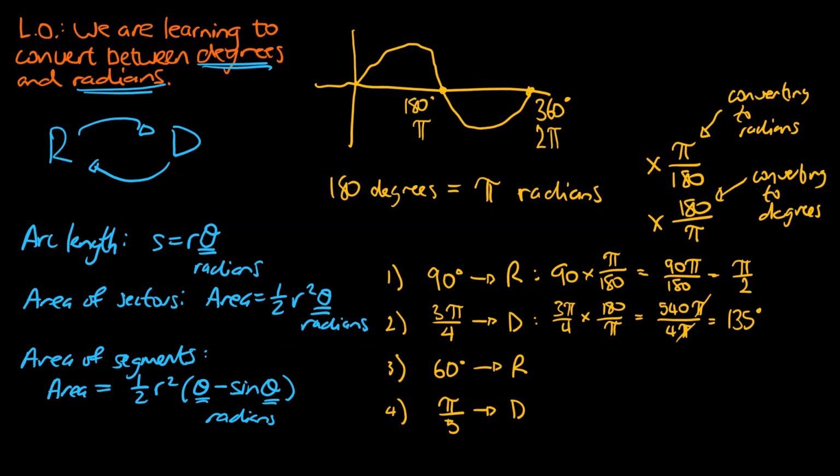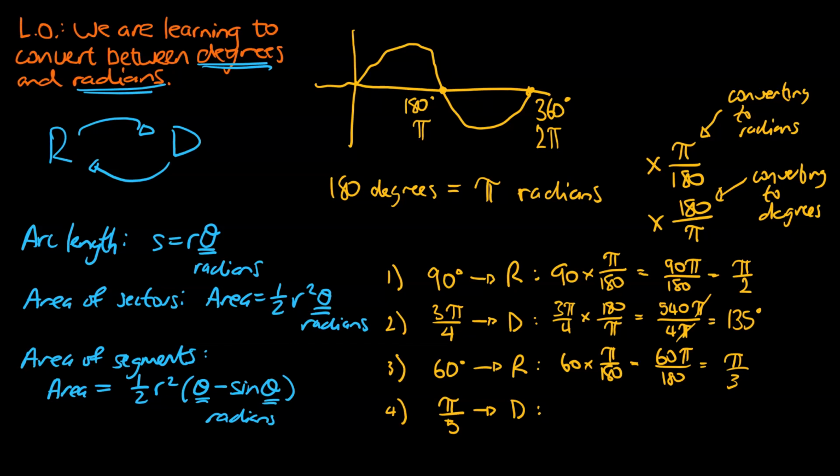The next one, we're now going to look at 60 degrees. We're converting to radians, so it's going to be 60 times pi over 180. Again, the pi is on top because we're converting to radians. And then that's going to be 60 pi over 180, which would be pi divided by 3. And the final question, hopefully we're getting the hang of this, we've now got pi over 5.